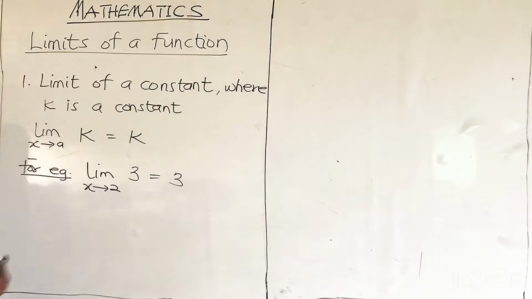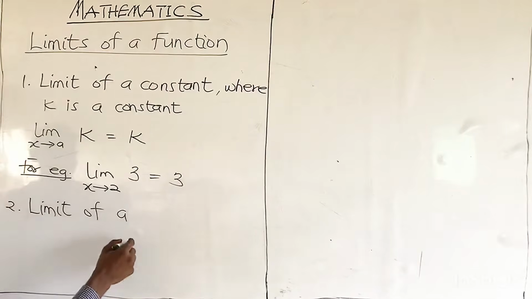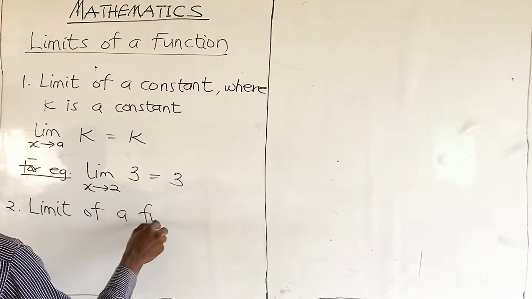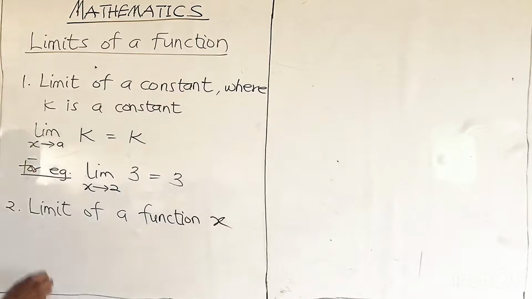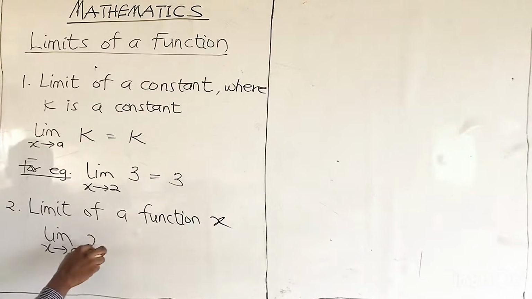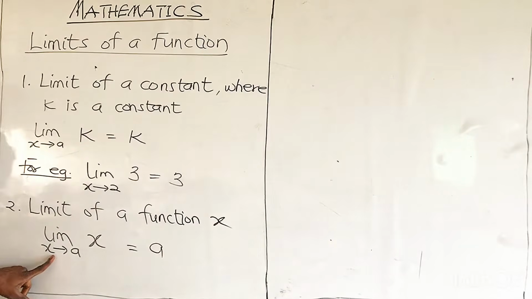Let's get the second one. Limit of a function x. So we have limit as x approaches a of x, then we get a, because we are only substituting the value of a where we see x.